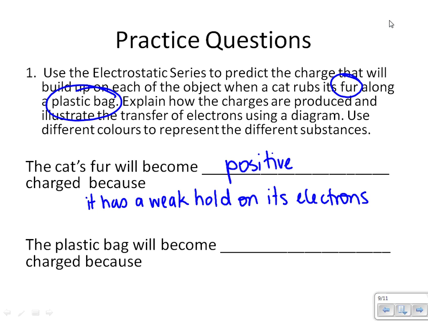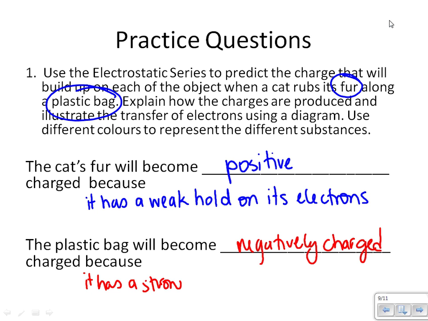The plastic bag, on the other hand, will become negatively charged, or just negative, because it has a strong hold on the electrons and will grab them from the fur. So make sure you have that copied down.